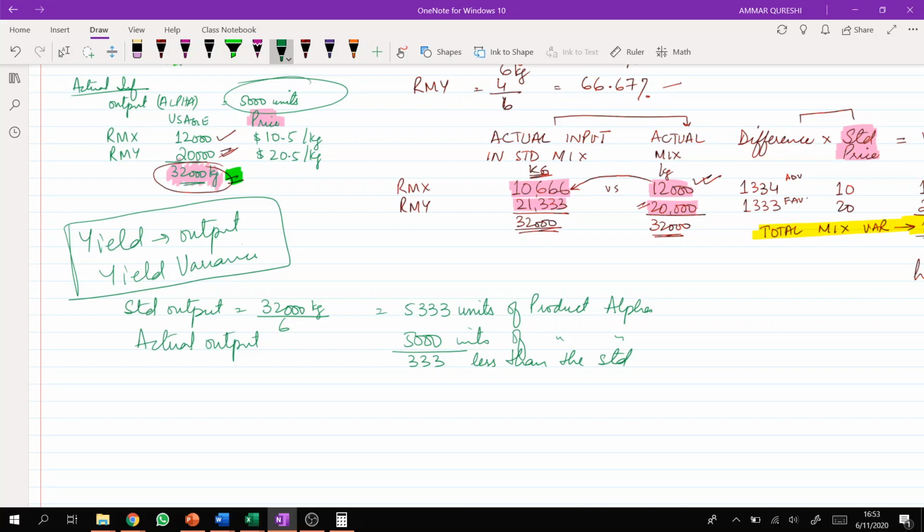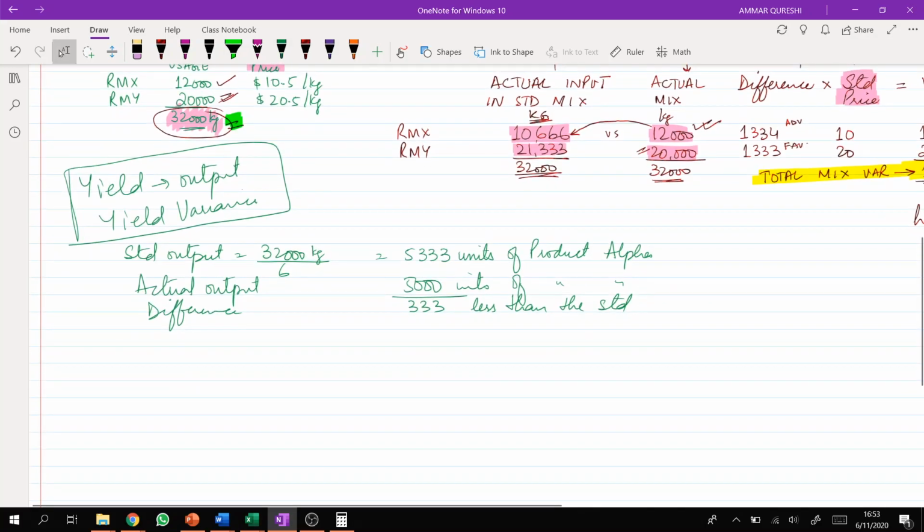Adverse, obviously. Sorry, this is not the variance, this is the difference, but it indicates that the variance is going to be adverse. You may write adverse in small letters so that you can write it later in the answer. These 333 units are of product alpha. Now we have to multiply this 333 with the standard cost per unit of alpha.